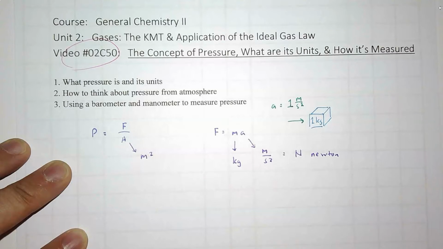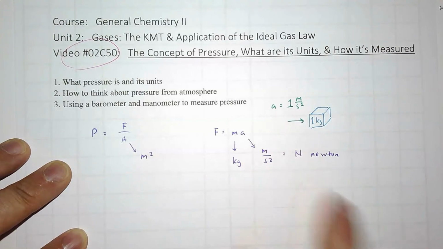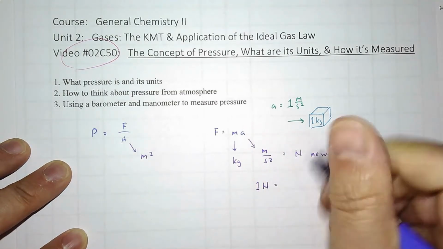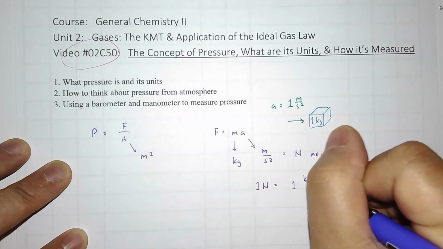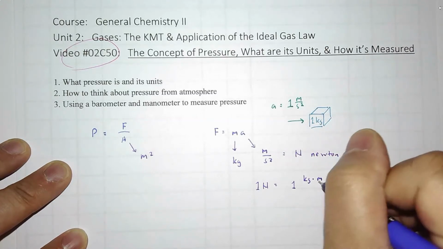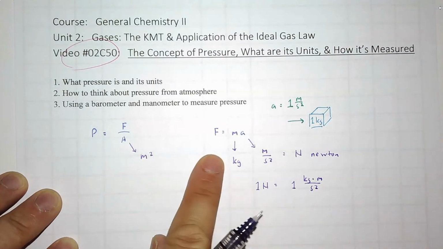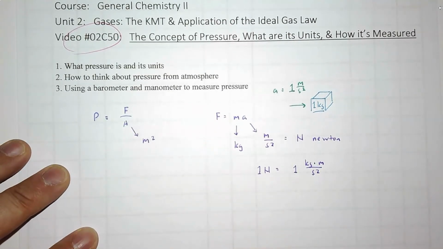And what am I trying to define? If that is the acceleration and that is the mass, that equals 1 Newton. So 1 Newton equals 1 kilogram dot meter per second squared. And that's the force. So the force is a Newton.